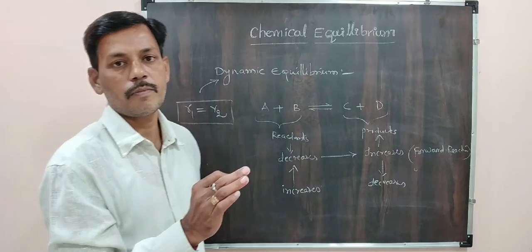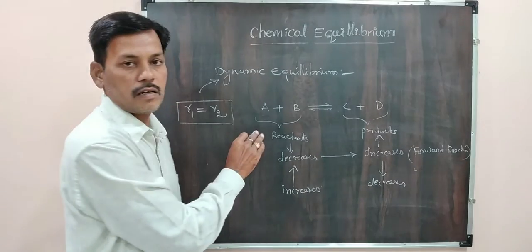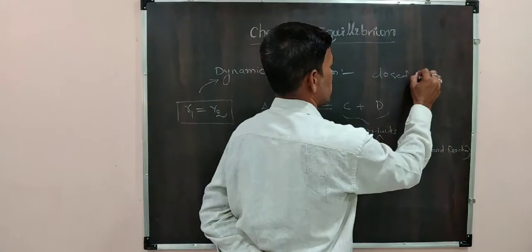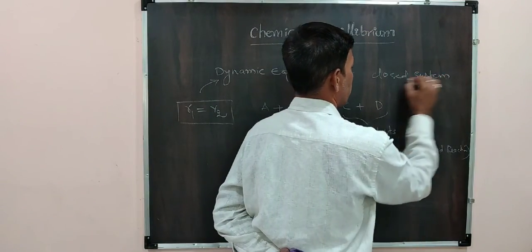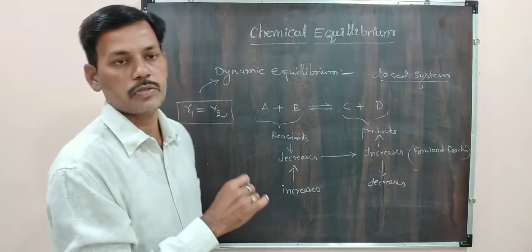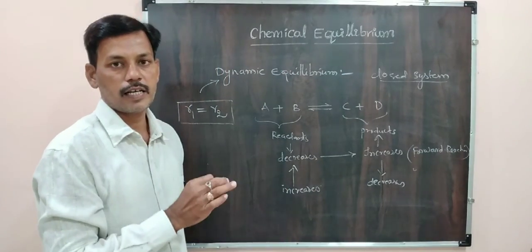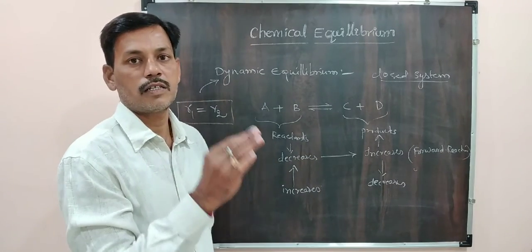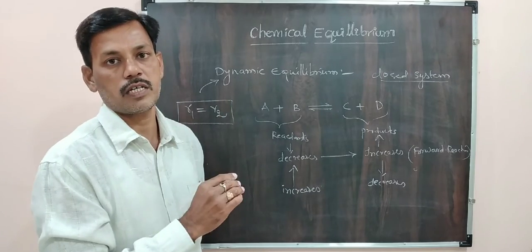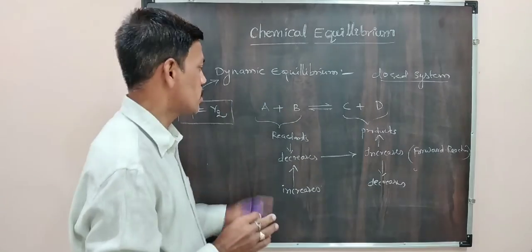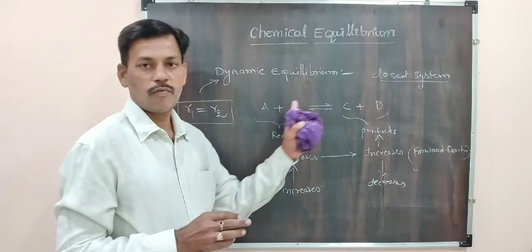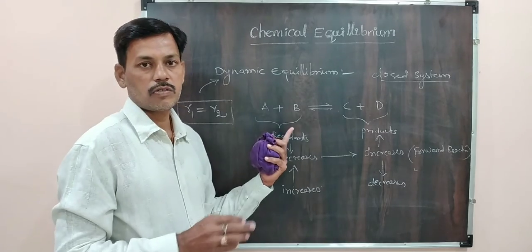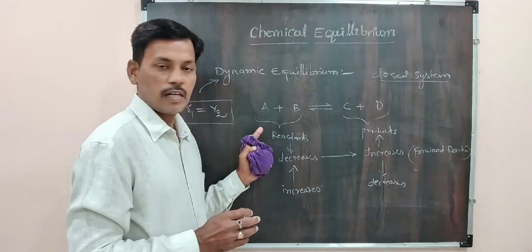Dynamic equilibrium is held in a closed system, and it may be an insulated system also. It is a continuous process. It's not that a reactant forms a product and stops, and then the product gives reactants again. This does not happen.